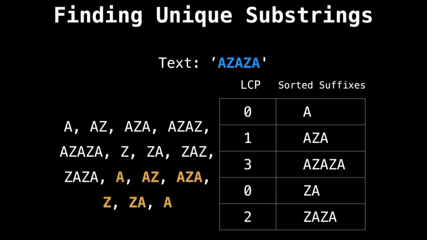So if we inspect the first LCP position at index 1, we see that it has a value of 1. We know that the repeated string is the first character, being A. So we know that A is a repeated substring.